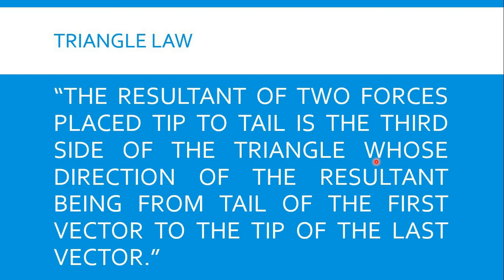In order to get the total resultant, we must first connect the tail of P2 to the tip of the arrow of P1. Then, we must create an arrow starting from the tail of P1 and going to the tip of P2. So that is the resultant.